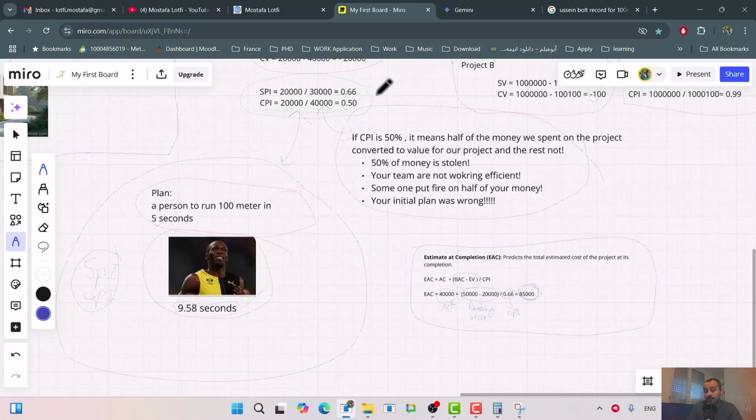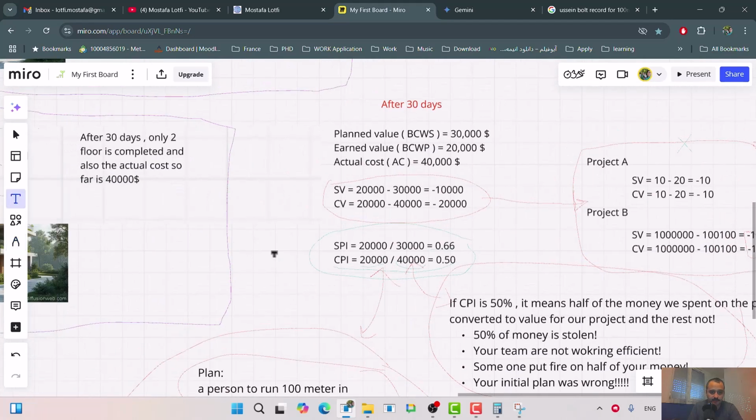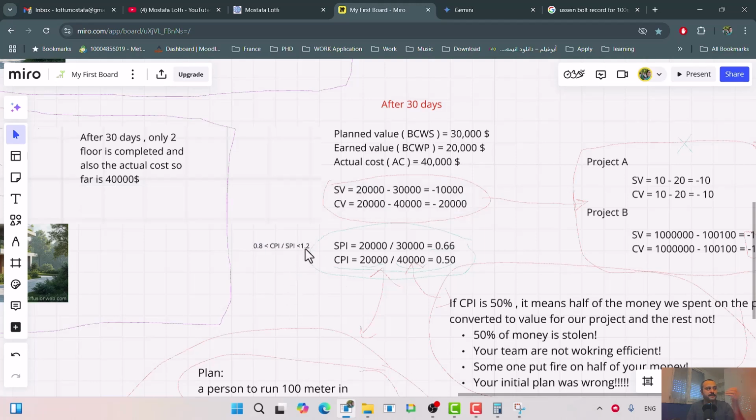And one thing I forgot about the CPI and SPI, let me add it here, is normally we say if CPI and SPI is in between 1.2 and 80%, it's okay, it's normal.